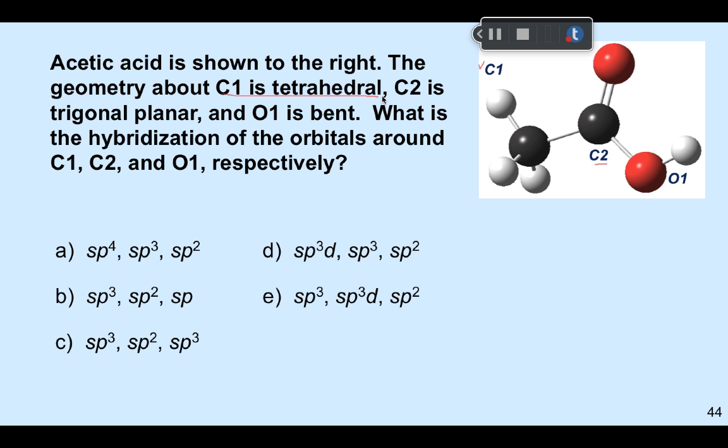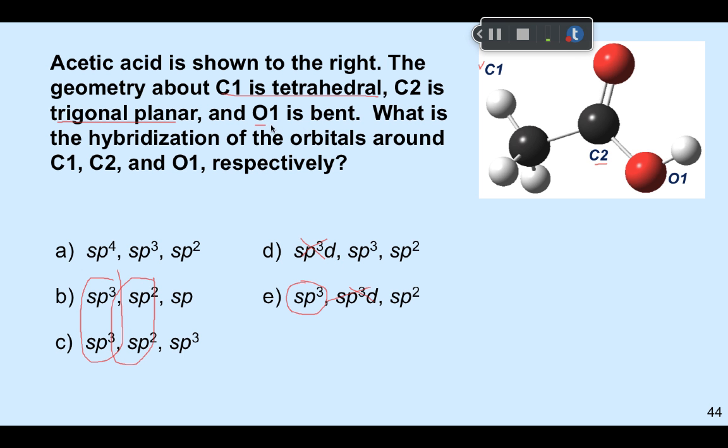All right, so carbon 1 is tetrahedral. Every time you have tetrahedral, there is nothing else to know. It's very straightforward. It's always going to be sp3 hybridization. So three of these choices have that. If you have trigonal planar for carbon 2, that has to be sp2. So these two choices here also have that correct value, but this is something else. We are not even going to discuss hybrids that include d orbitals. That's for someone else's course, not ours.